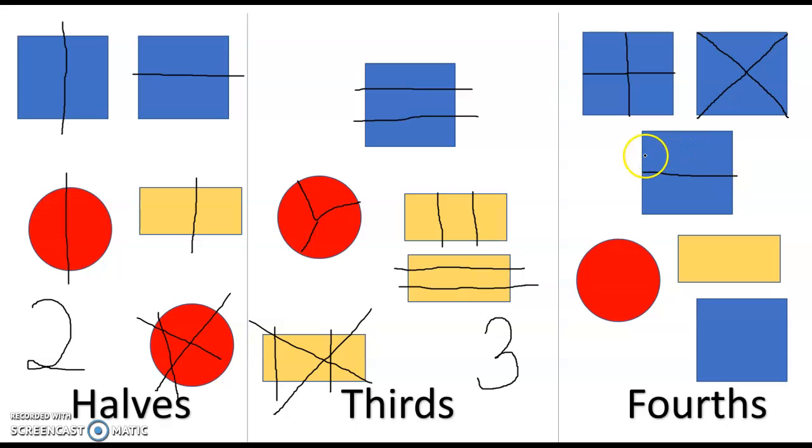I can make halves and then make two more halves to make four. I can make fourths out of a circle. And I can even make fourths out of a rectangle.